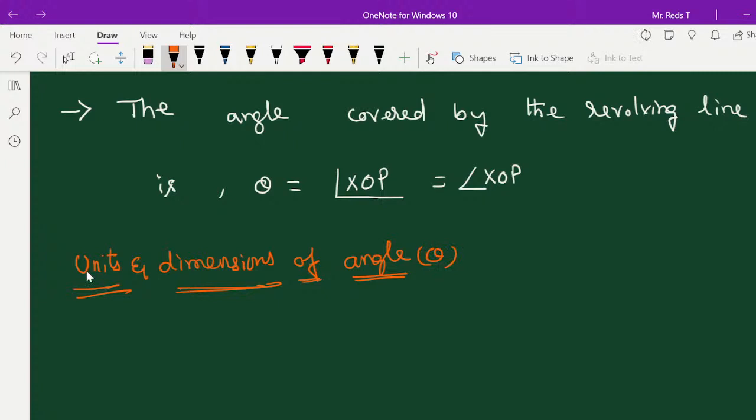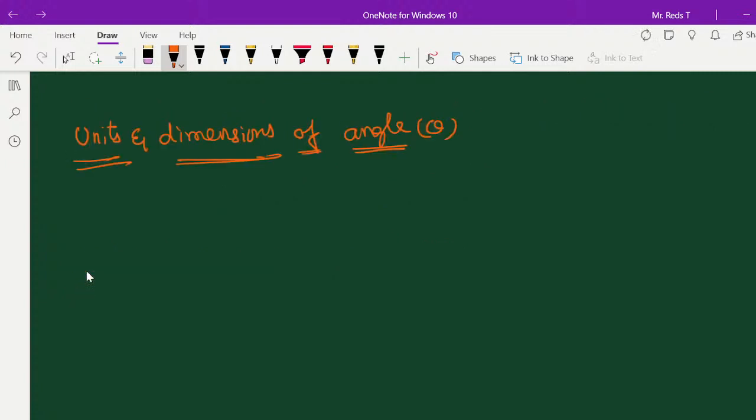So usually this angle is considered as one of the quantities in the SI system. We'll see later what these systems of units are.